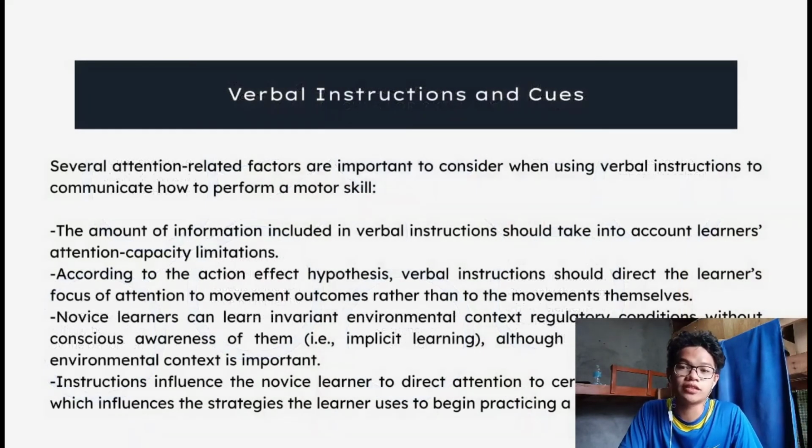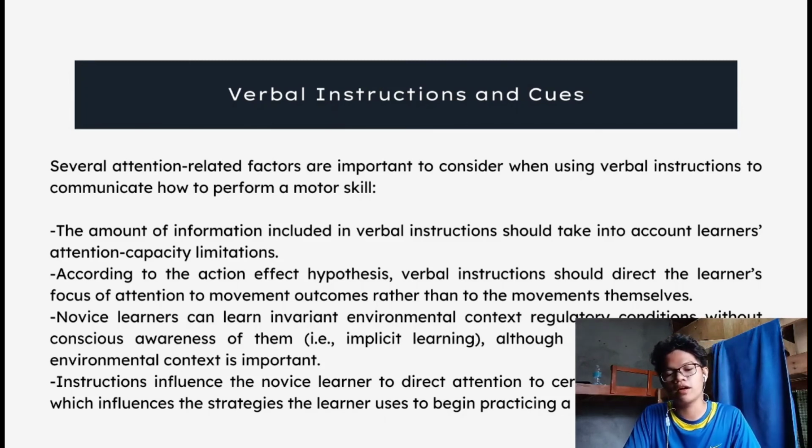Verbal instructions and cues. Several attention-related factors are important to consider when using verbal instructions to communicate how to perform a motor skill. First, the amount of information included in a verbal instruction should take into account the learner's attention capacity limitations.